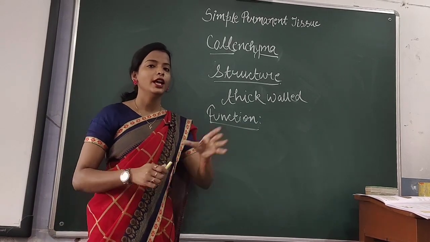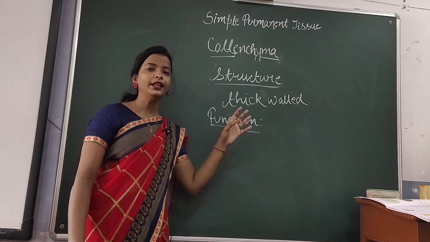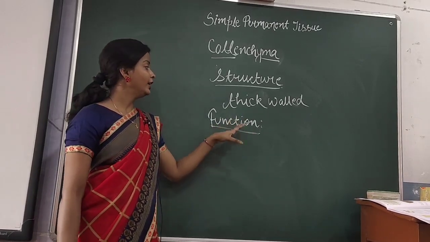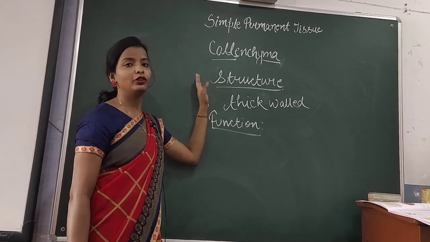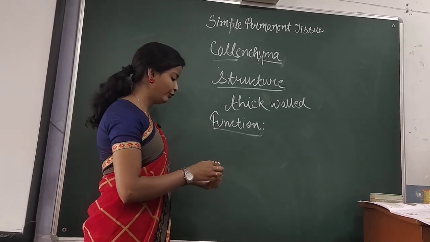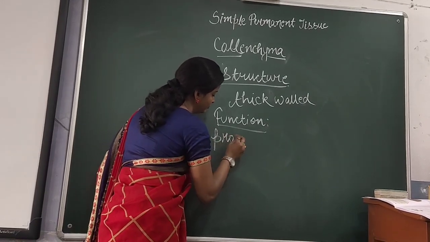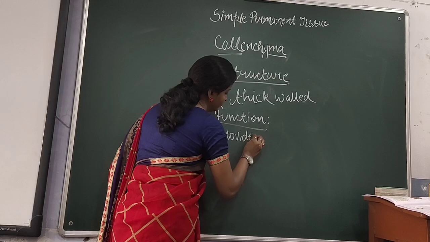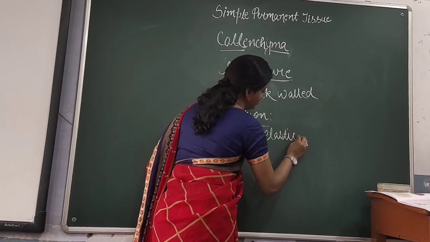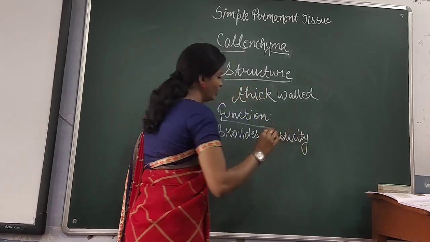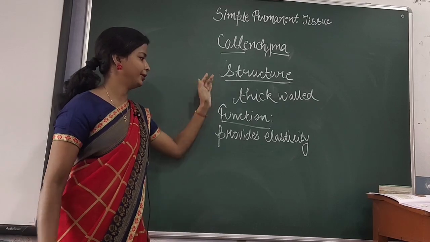You might have seen that if you bend any plant, like the plant branches can be bent or the leaf can be bent, but it cannot break easily. So that elasticity is due to the presence of collenchyma. So the function will be provides elasticity. So this was about the collenchyma.